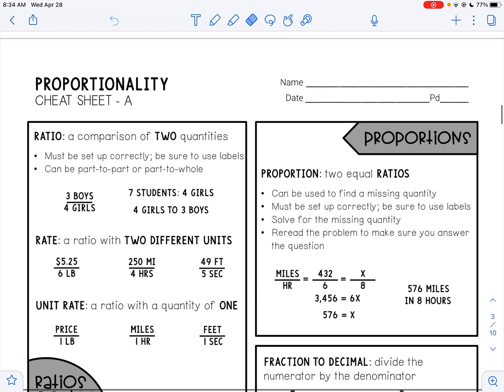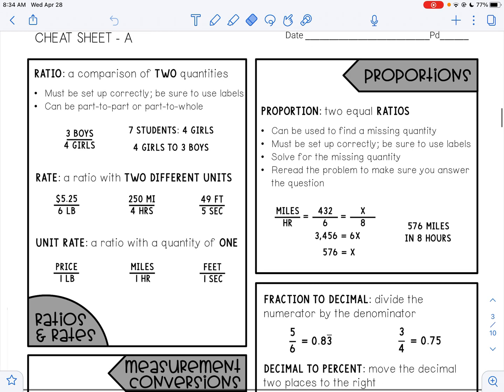Okay, proportionality. So a ratio is a comparison of two quantities. So we got to make sure that it's set up correctly. Let me go back and rephrase.